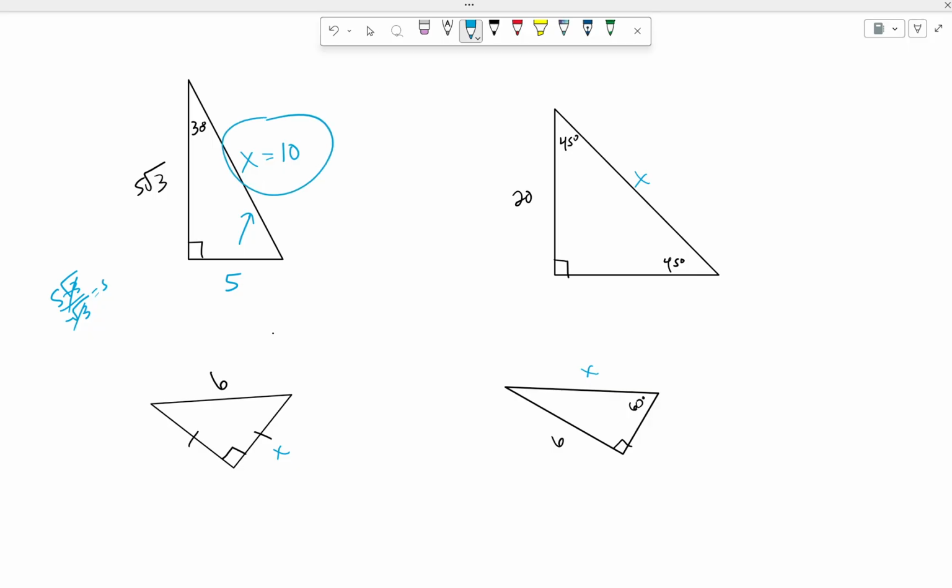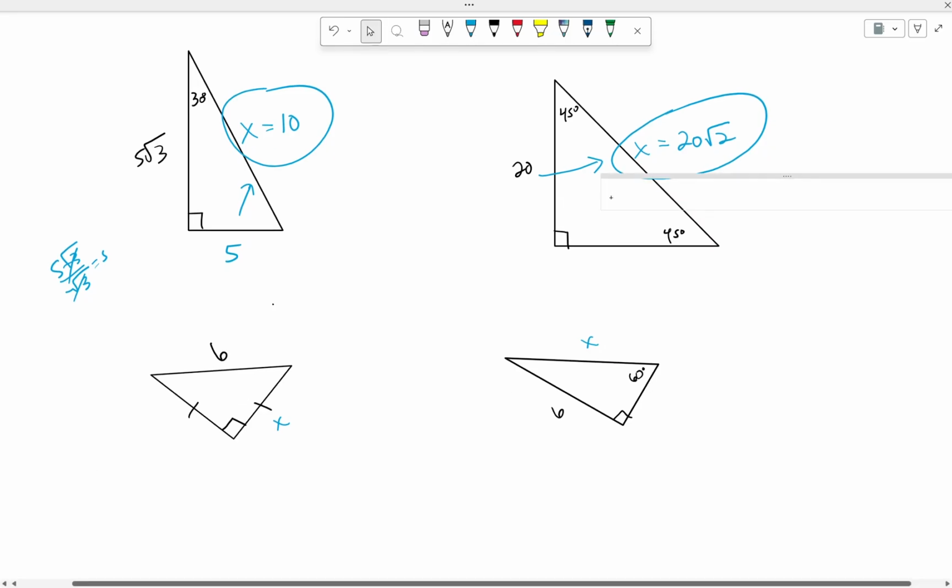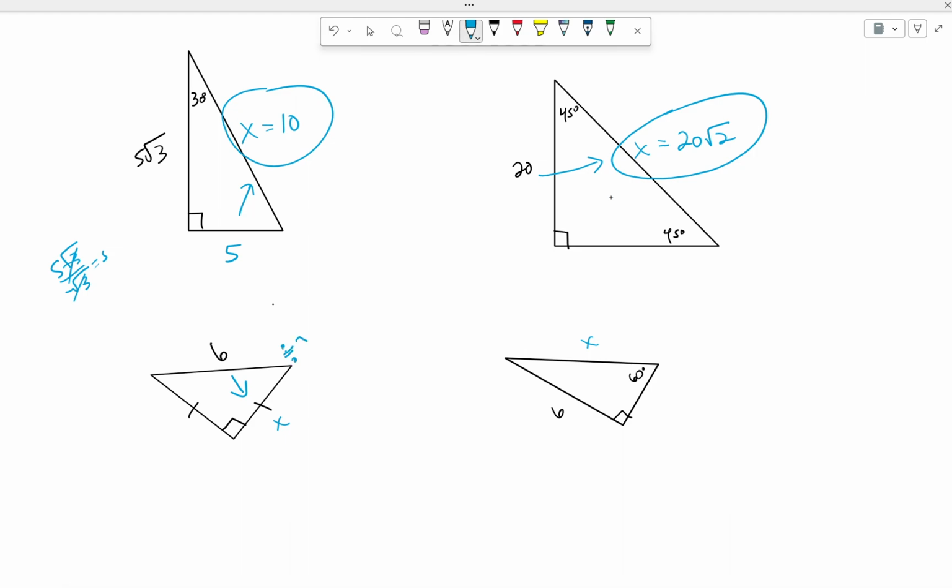Cool. To go from here to here, I have to multiply by rad 2. So this one's pretty straightforward. This is just going to be a 20 rad 2. Awesome. To go this way, I have to divide by rad 2. So, sidebar, x is going to be equal to 6 over rad 2.